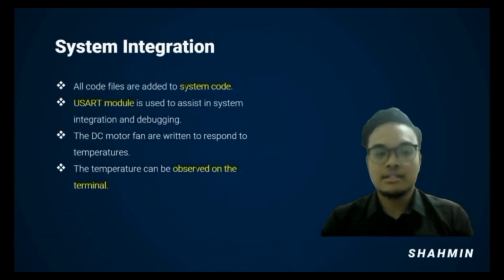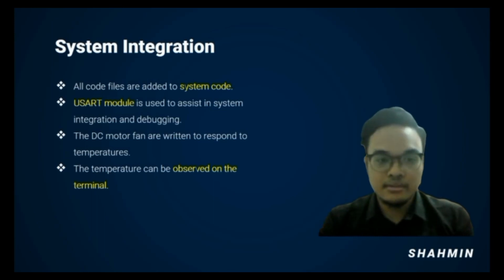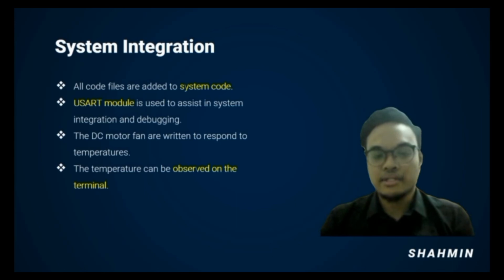Finally, the system integration. We are using embedded C language coding. So all code files are added to the system code, and we use a USART module to assist us in system integration and debugging between the STM32 and the programming software.